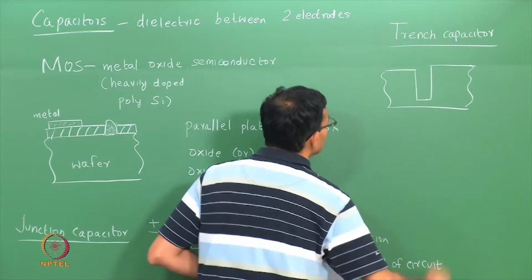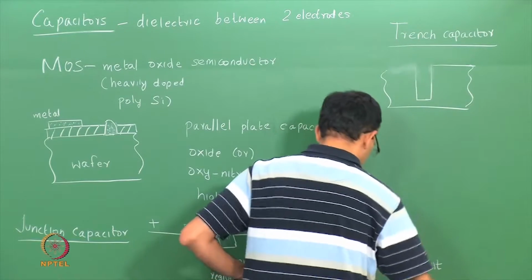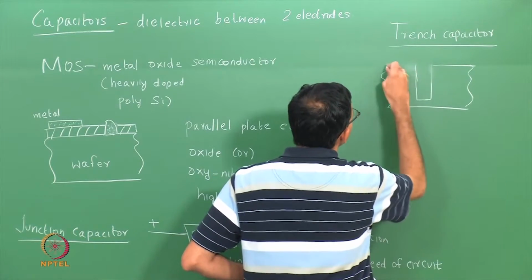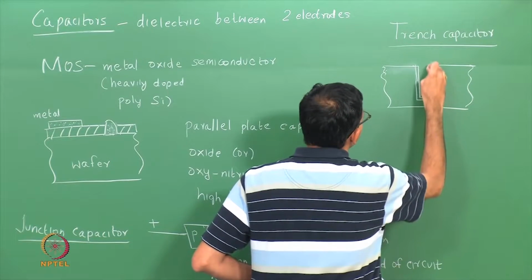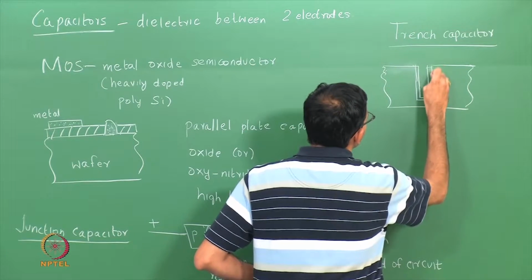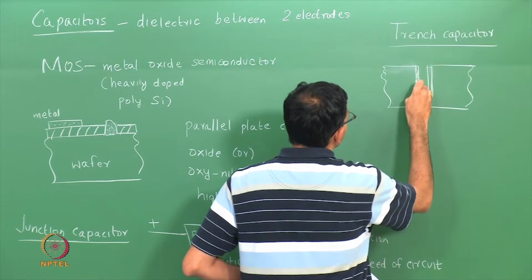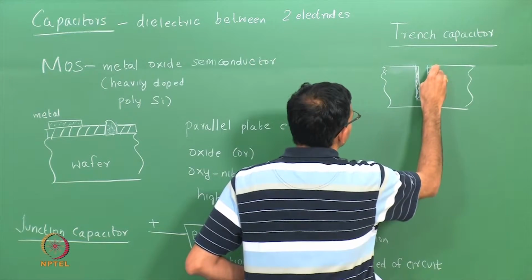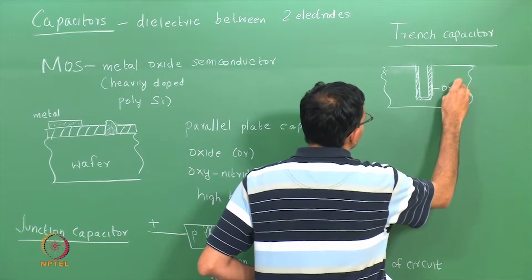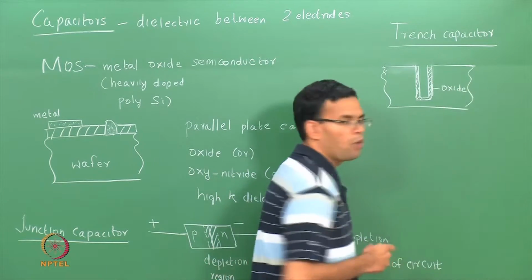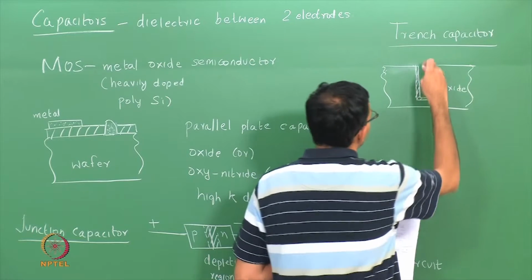Let me just redraw this. There is an oxide layer that is grown within the trench. This is the oxide. Polysilicon is then deposited.